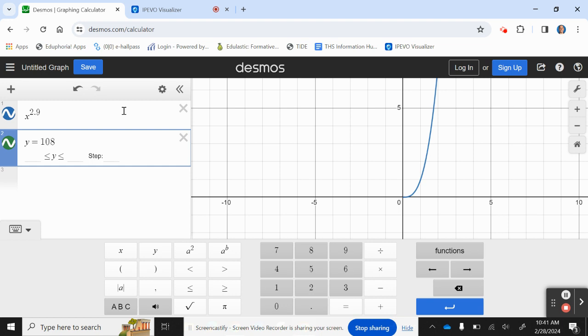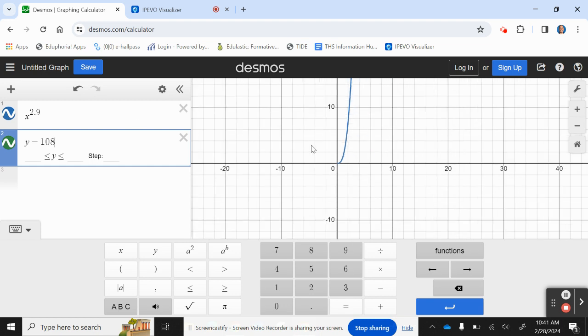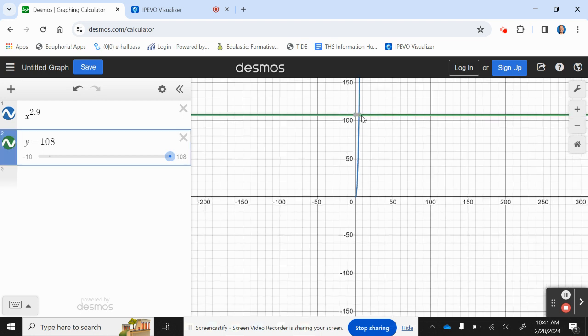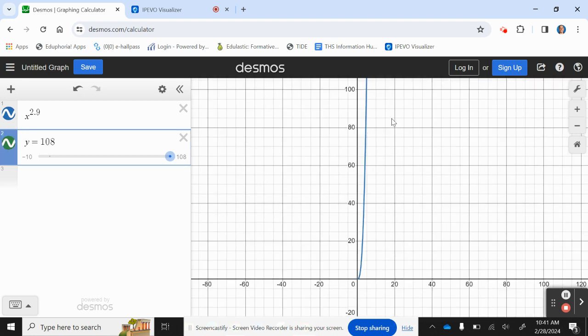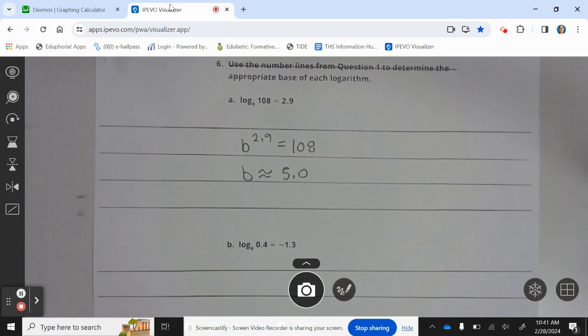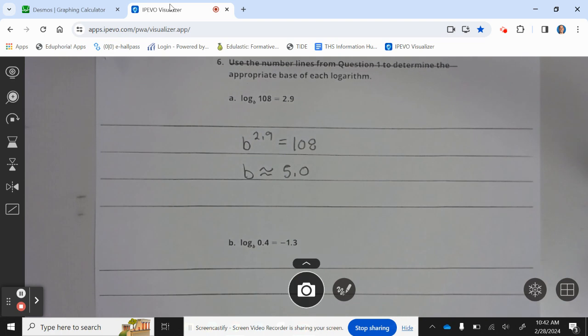Now you're going to have to zoom out so you see the point of intersection. Ta-da, there it is. Now you want to zoom back in. Make sure you don't click on the y-intercept, but the point of intersection. Okay, so b is approximately 5.0.